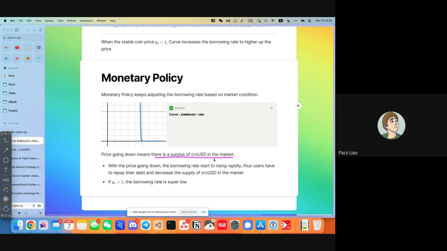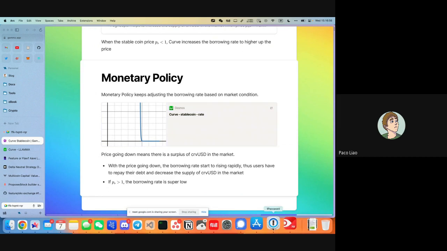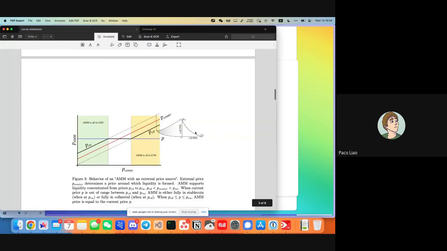That will help us make the Curve USD price higher and keep it pegged. So they use a formula to change the rate in their white paper.